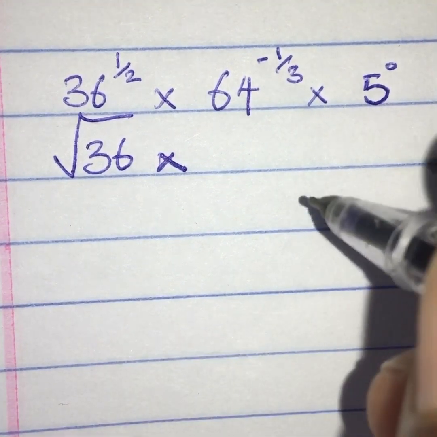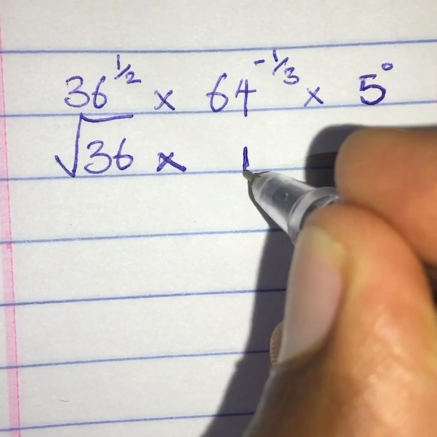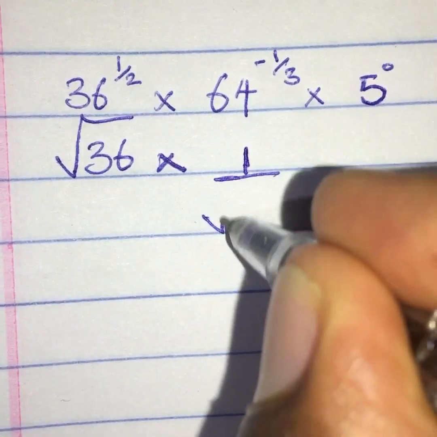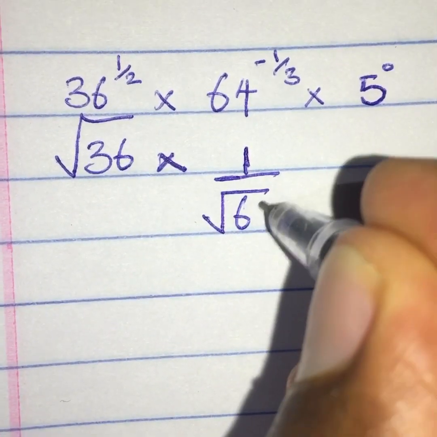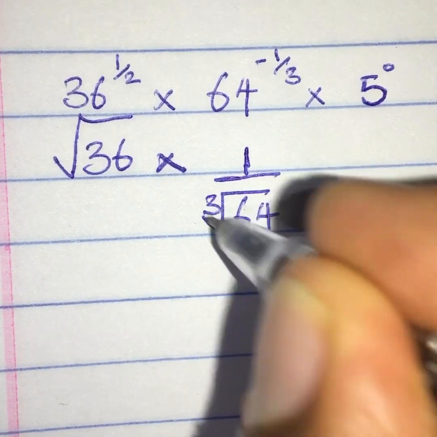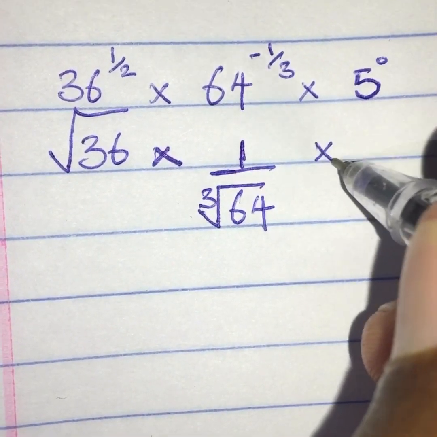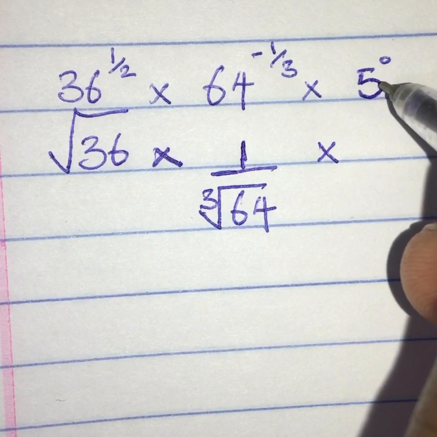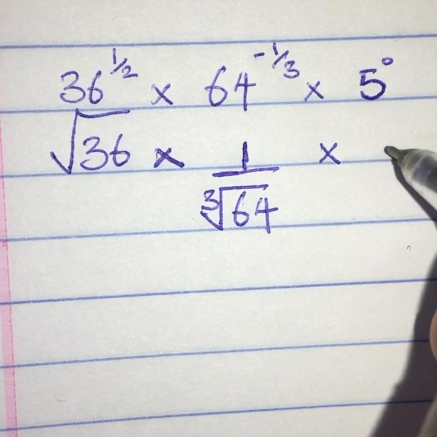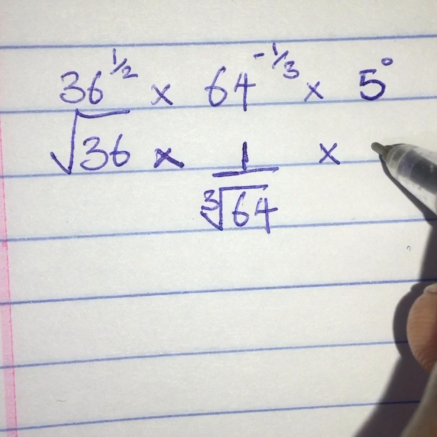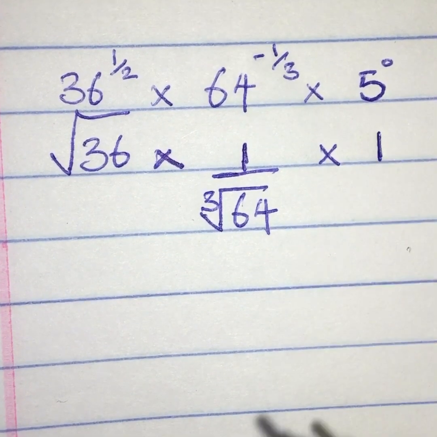According to the law of indices, what this means is 1 over the cube root of 64, times 5 raised to power 0. 5 raised to power 0, according to the law of indices, is the same thing as 1.